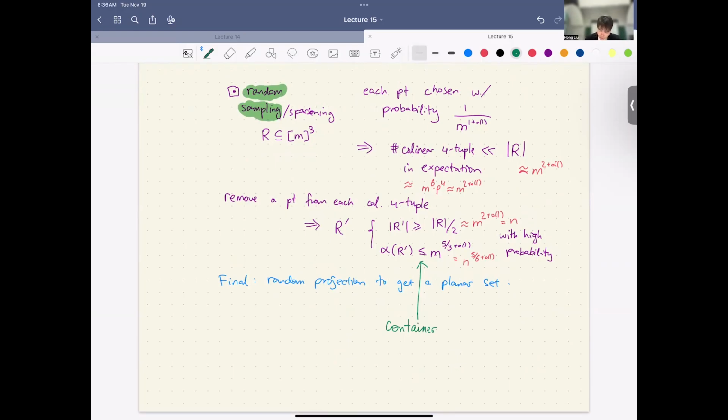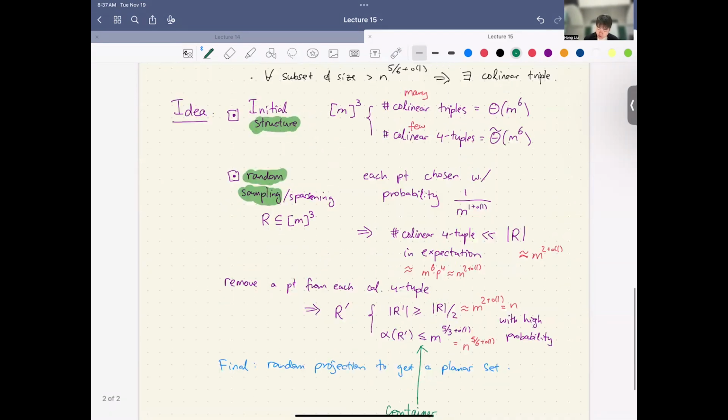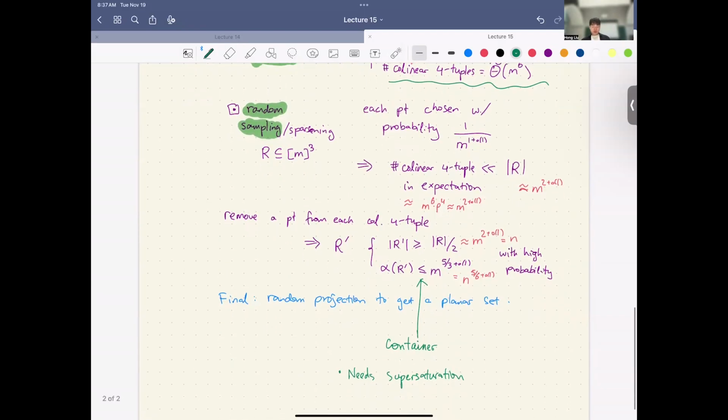So now we need two things. To use containers, we need to show supersaturation. This is something we will prove today. And we also need to prove this thing that we missed out last time. So it's not so hard.